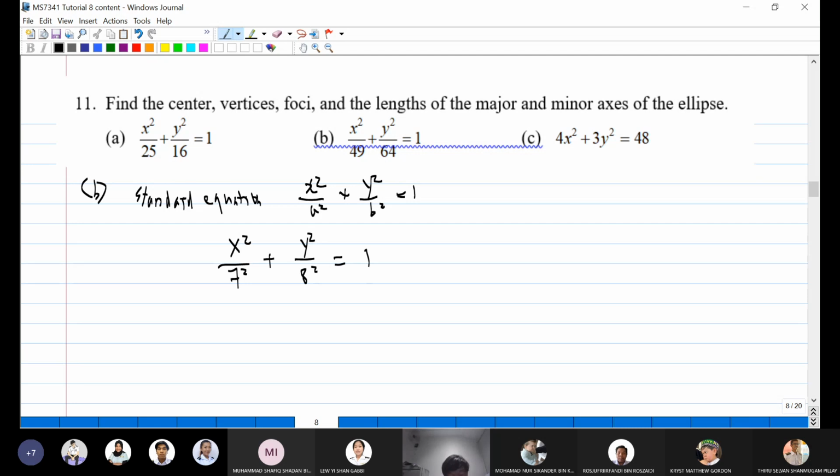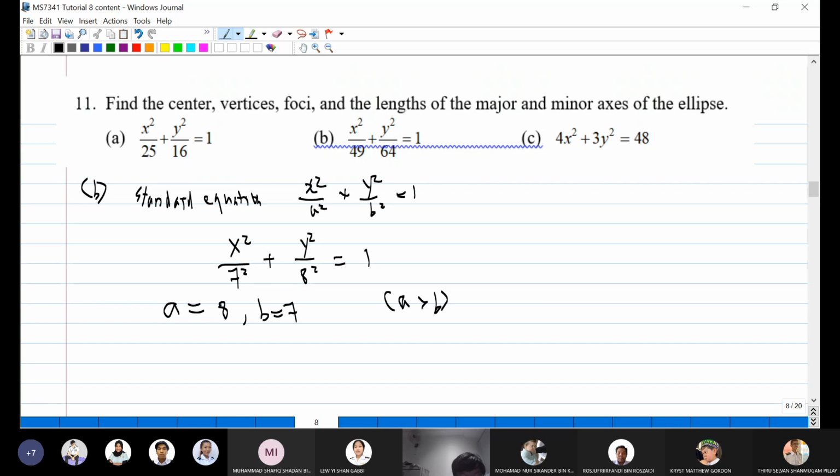So which number is bigger here? You know the larger number is a, right? 8 here. So a equals this larger one. Remember, a is always greater than b. So a is 8 now and b equals 7. a is always greater than b here.